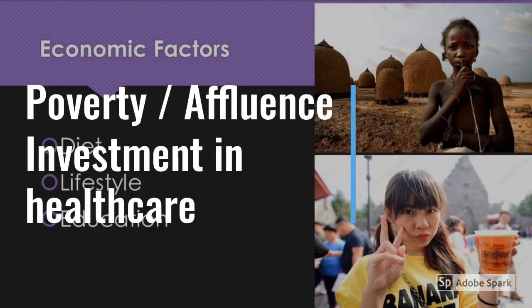When Layla is sick, even if Layla were in a state where the family is the most affluent in Niger, and she actually can afford it, the travel time to the doctor, the availability of the number of doctors in Niger may limit the ability of her recovering from diseases. So once again, for economic factors, you will be able to find the information in your textbook from page 185 all the way to page 188.